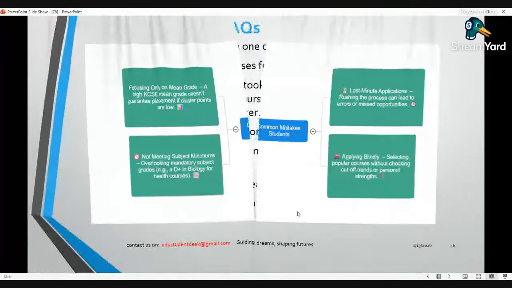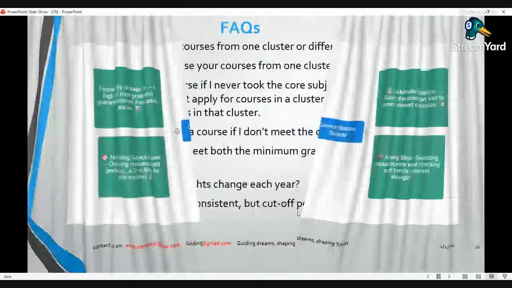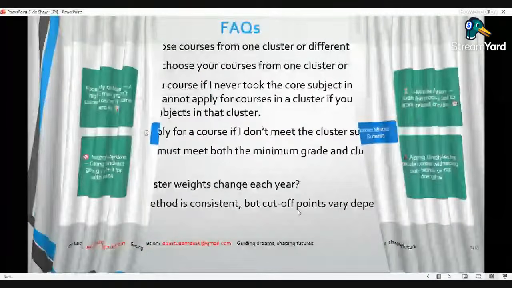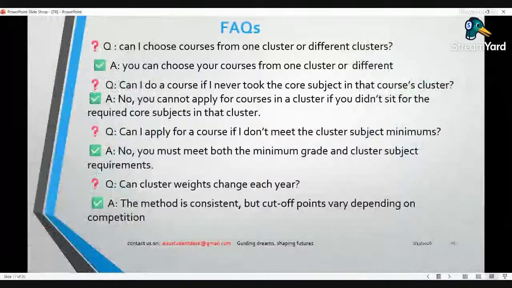And here are a few frequently asked questions about KUCCPS clusters. Question 1: Can I choose courses from one cluster or different clusters? You can choose your courses from one cluster or different.